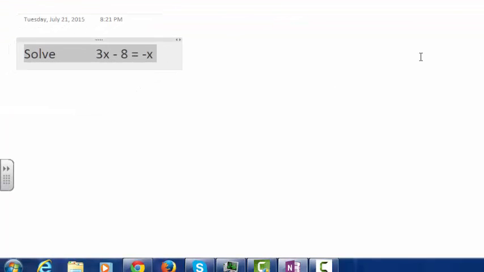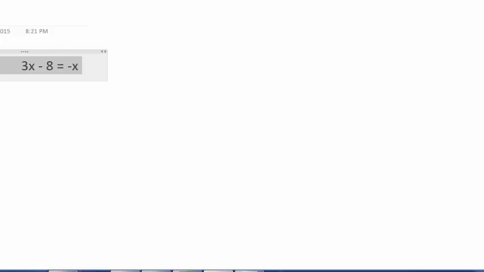Solve 3x minus 8 equals negative x. Okay, so let's do it. I'm going to try to make it quicker now. We understand 3x, they are positive. I'm going to use the green, and as you know, I'm not going to use squares, I'm going to use rectangles.